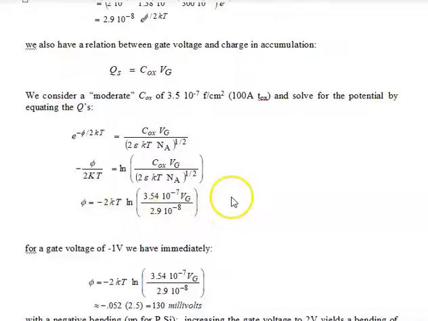I should mention, we have to assume a Cox, which means we have to assume a Tox. 100 angstroms is moderate, a little bit on the high side, but it produces a moderate Cox, 3.5 times 10 to the minus 7th farads per square centimeter.